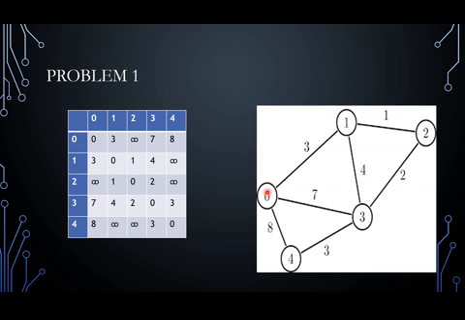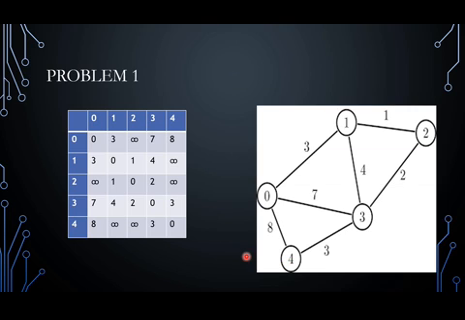So my problem is to find out the distance from 0 to 0, 0 to 1, 0 to 2, 0 to 3, 0 to 4. Right? The problem is to find the shortest distance between 0 to 0, 0 to 1, 0 to 2, 0 to 3, 0 to 4. Okay? So we are supposed to solve it.